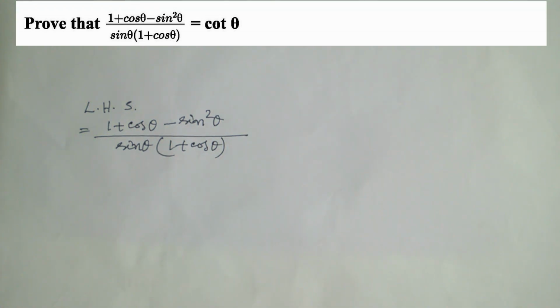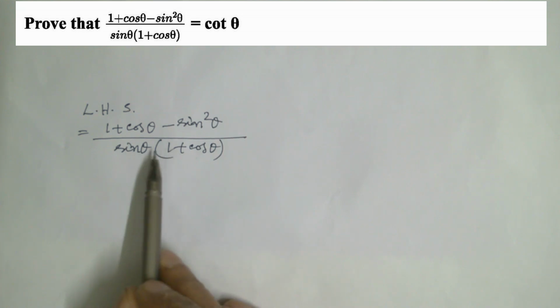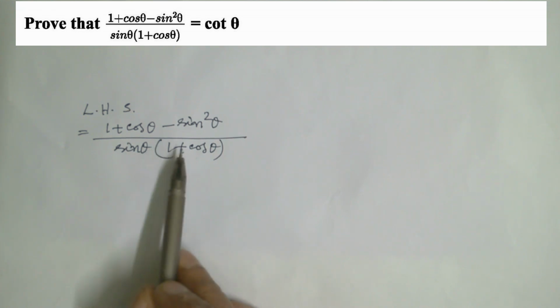As I said, cot theta. So we have to make the left hand side a single term, that is cot theta. To do so, the terms in the denominator should be cancelled out.